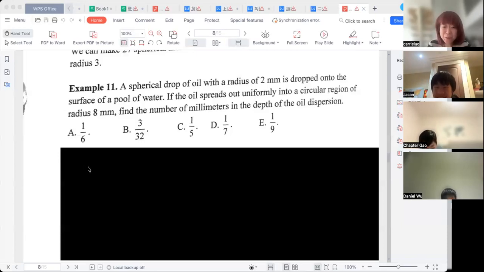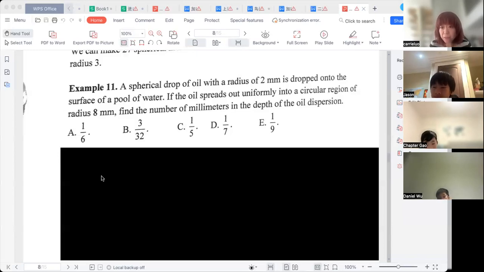So a spherical drop of oil with a radius of 2 millimeters dropped onto the surface of a pool of water. OK，一滴油是不是嘣掉到一个游泳池里面？If the oil spreads out uniformly into a circular region of radius 8 millimeters. 也就是一滴油滴到水里后展开变成一个8毫米的圆圈。Have you ever seen oil dropped into the water?